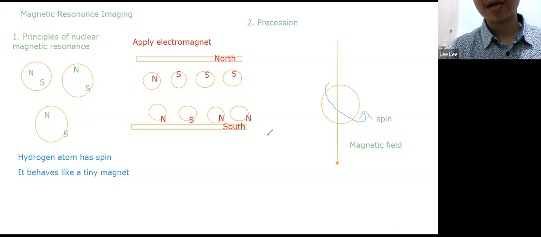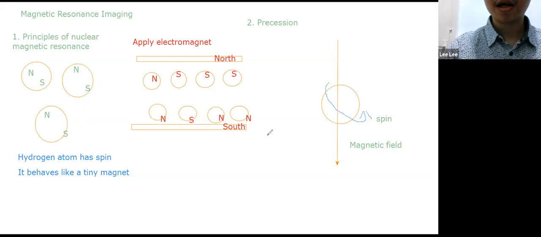Why do we say hydrogen atom has a spin? Because of the behavior of the hydrogen atoms when you apply an electromagnet: some of them will resist it, but most of them will follow it. Once they follow the electromagnet, or even though they resist it, they always spin. So the hydrogen atoms always spin. That's why we say the hydrogen atoms has a spin.